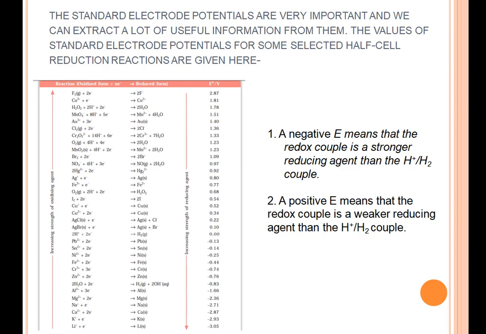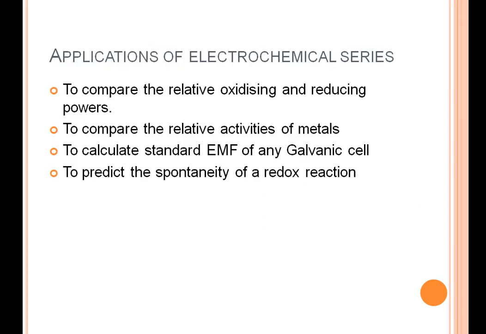These electrode potential values are very important and we can extract a lot of information from here. First, you can compare the relative oxidizing and reducing power. From the table, you can check the values.